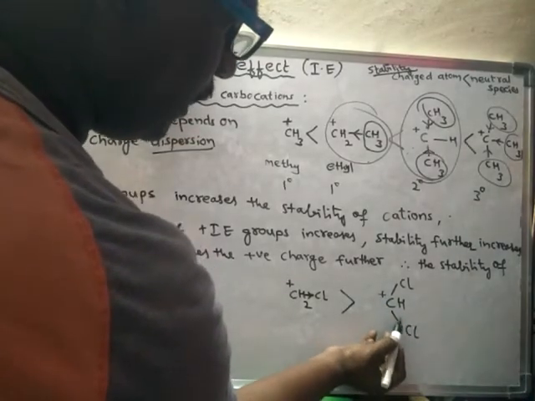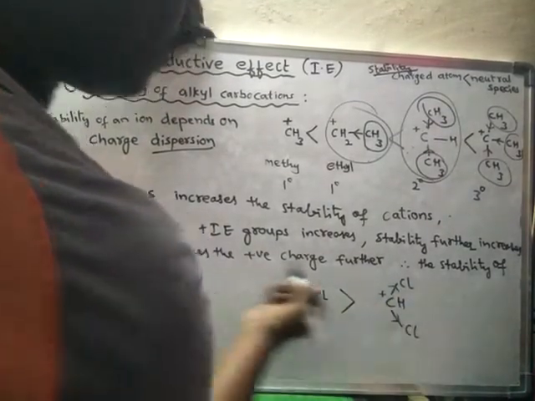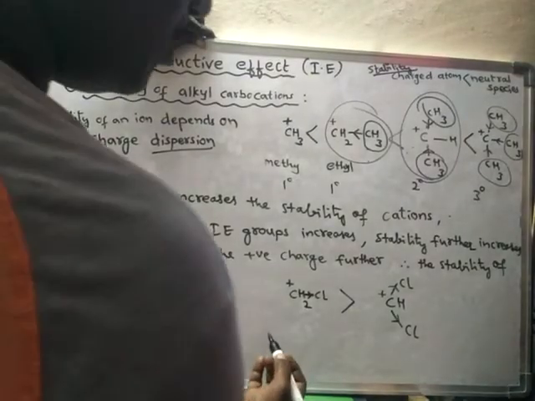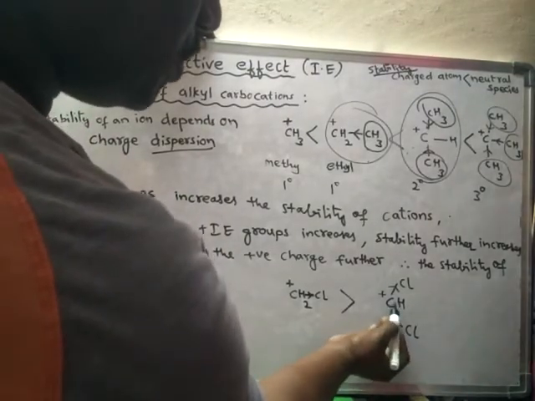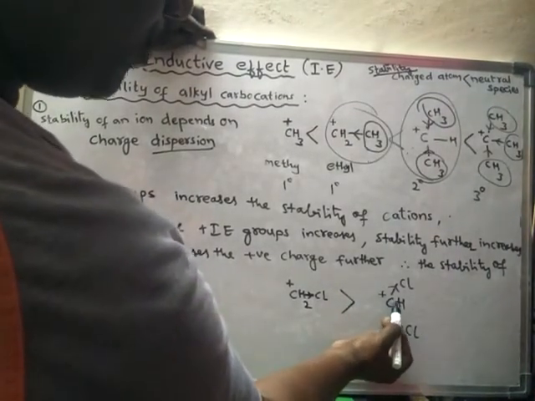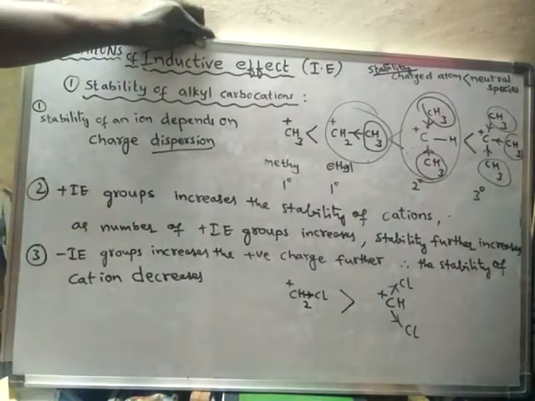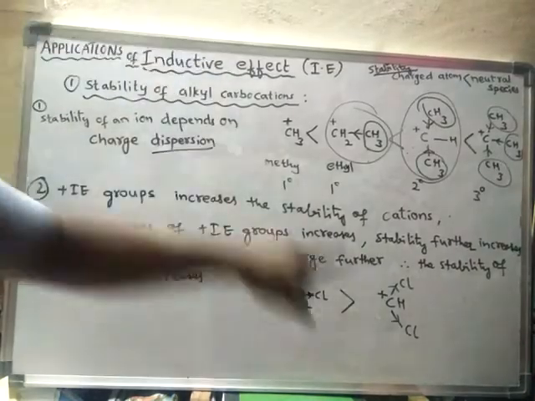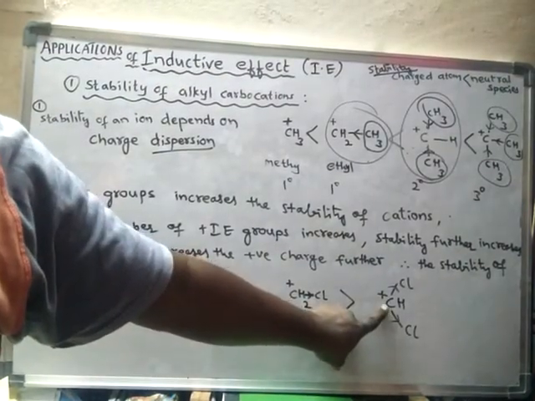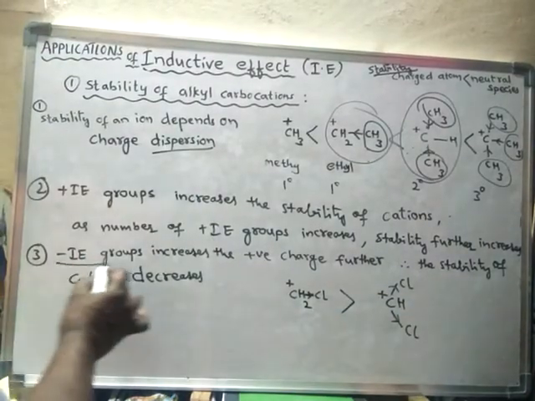This chlorine will take some of the electrons, and even this chlorine also will take some of the electron density. As a result, the electron density on this carbon further decreases. If the electron density on this carbon further decreases, the amount of positive charge will further increase on this carbon, because it is suffering from the lack of electrons initially, and these two chlorine groups will decrease the electron density further, because these chlorine groups are minus IE groups.